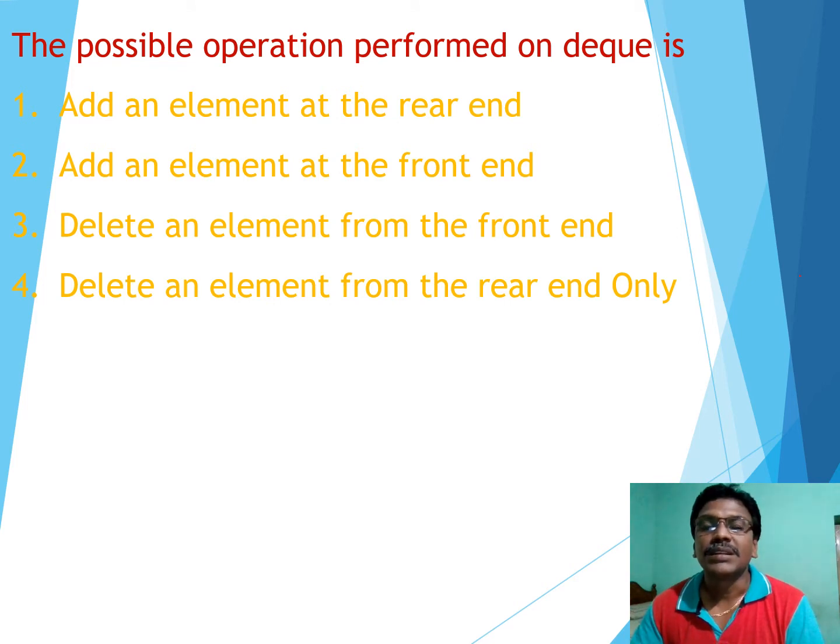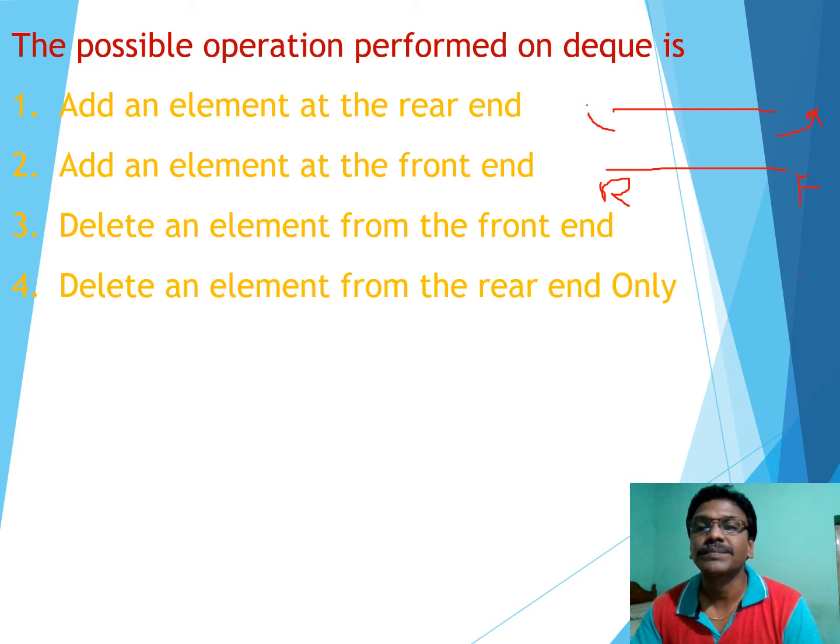It means the four operations, deletion and insertion, can be performed at both ends, front end and rear end. Deletion can be performed at both ends. In the same way, insertion can be performed at both ends.